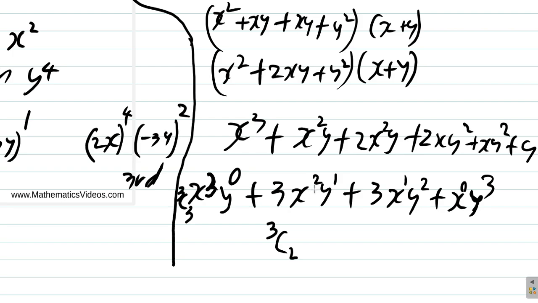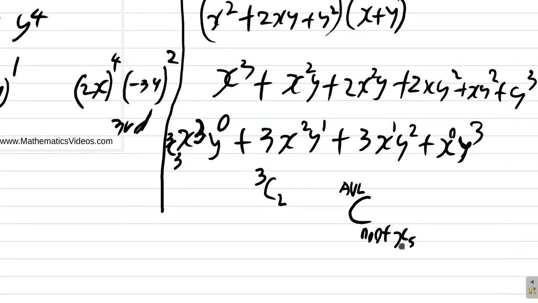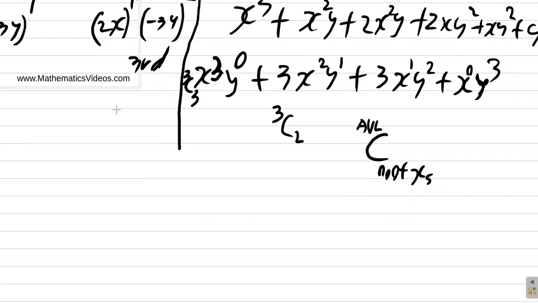So you have 3 letters, that's 2 x's and 1 y, and then only 2 x's. Because in our combination, we have available letters and number of x's here. Alright? If you consider the number of y's with the same number, you would get the same coefficient.